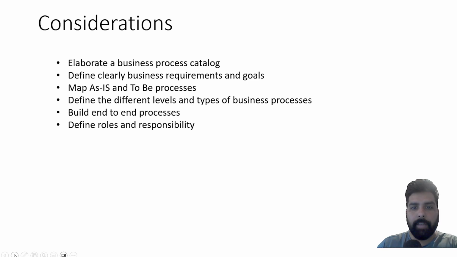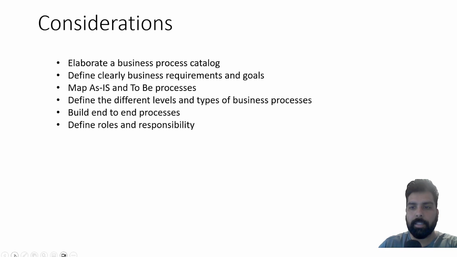Define the different levels and types of business processes, how many different levels there are and what different types of processes they have, so that you can formulate an end-to-end business process, a complete journey for the customer. And the most critical thing is that when we are talking about these business processes and requirements, it is very important for us to talk about the roles and responsibilities.